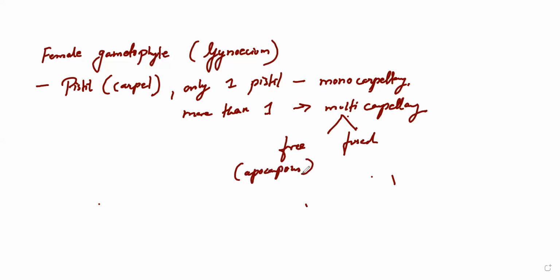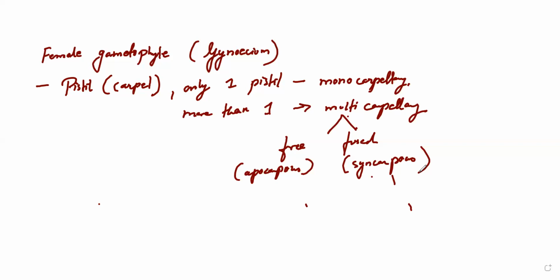Apocarpus. Whereas if it is in the fused form, we say that is a syncarpus pistil. Each pistil is going to have certain parts where the female gametophyte or female gamete, this egg, is going to get formed and the fertilization is going to take place.